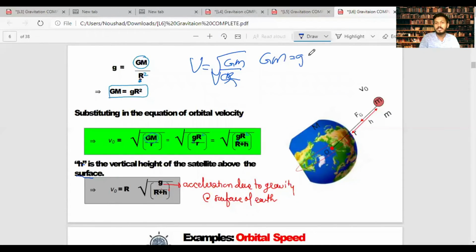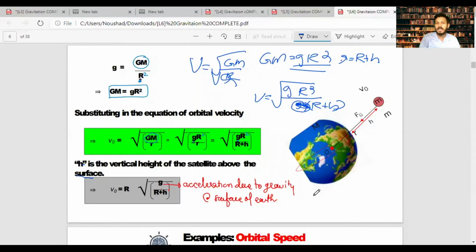GM is equal to gR square. Everybody knows it. So V0 equals root of gR square divided by r. And this r is given: r is equal to the radius plus the height, that is total r. Put that value here, R plus h.